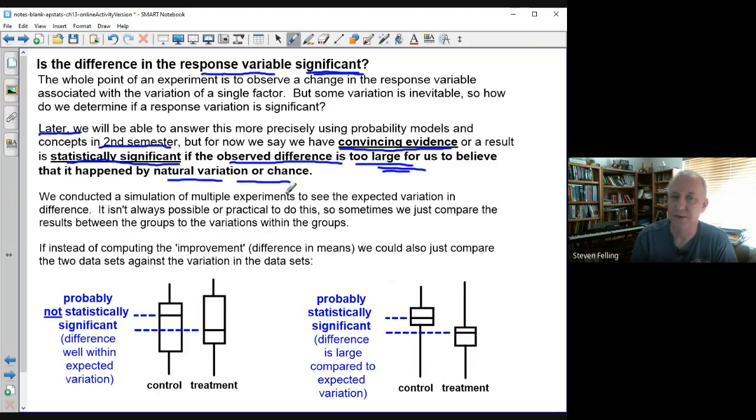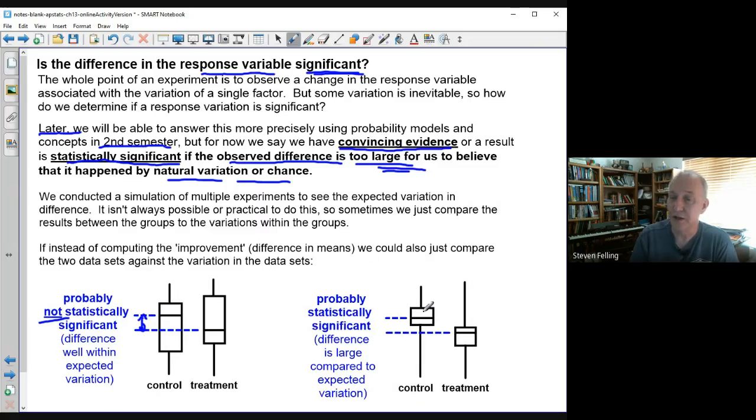If you were to do a box and whisker plot of the health scores of the control group people and the people who got the drug, and this was the difference in the means, and that difference is kind of within the normal variation of people from person to person anyway, we'd probably say that's not very significant, right?